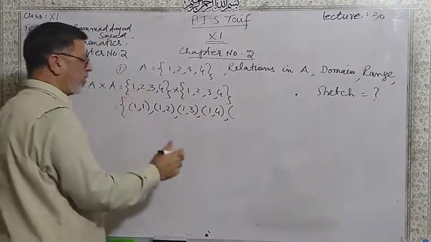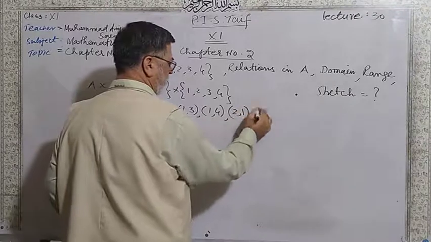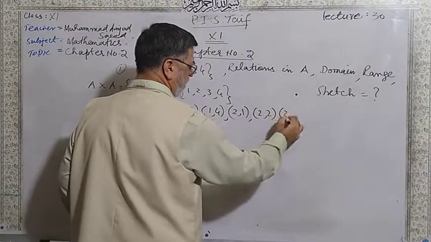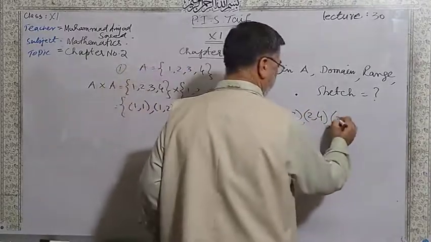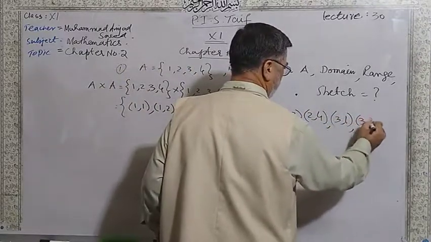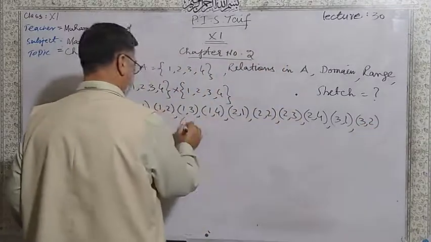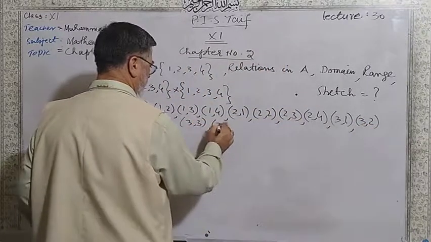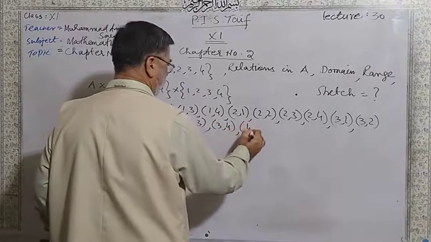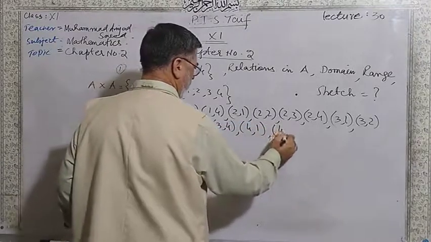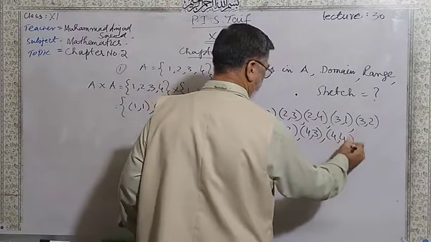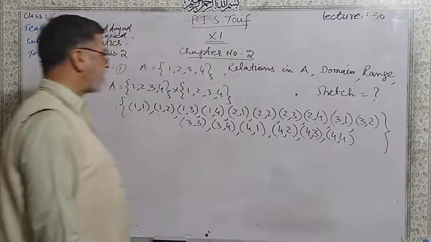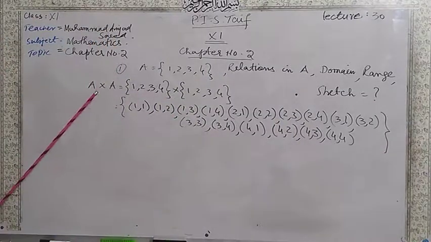Then 2, 1; 2, 2; 2, 3; 2, 4. Then 3, 1; 3, 2; 3, 3; 3, 4. At the end, 4, 1; 4, 2; 4, 3; 4, 4. This is the Cartesian product, A cross A.